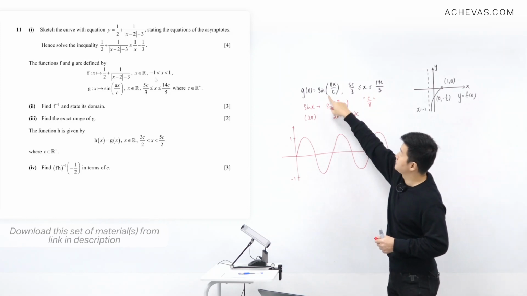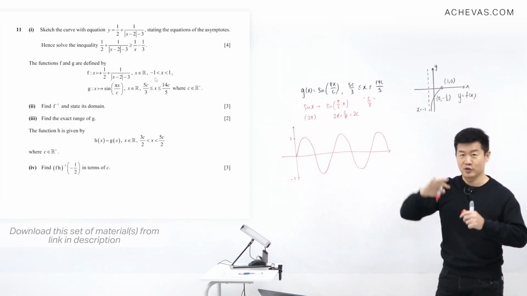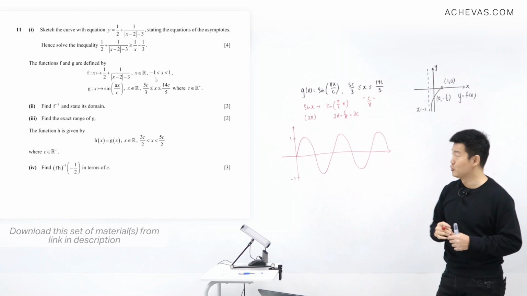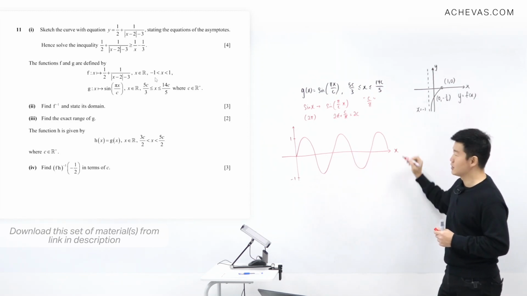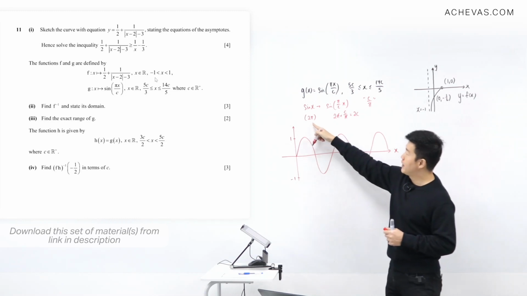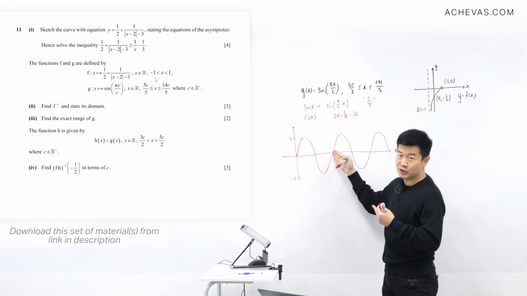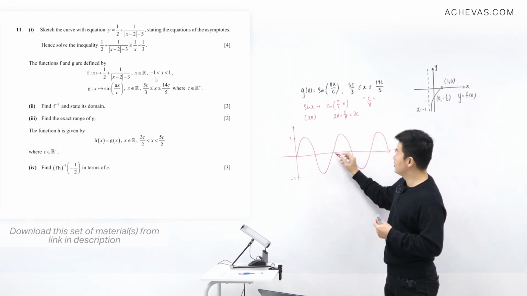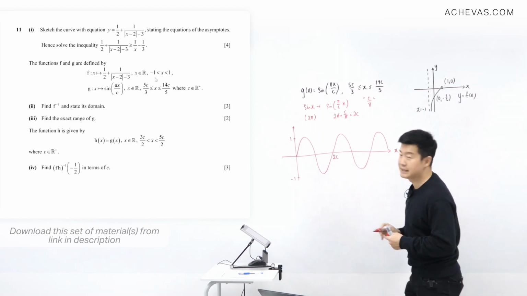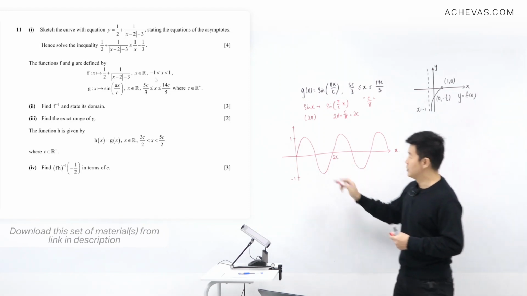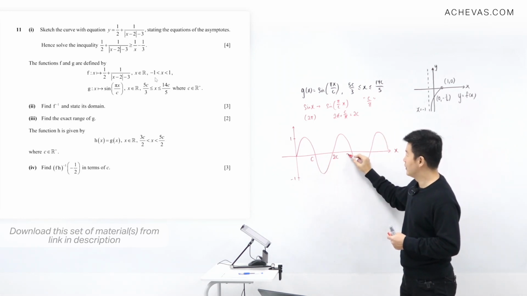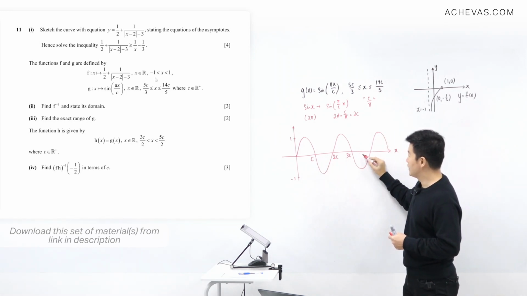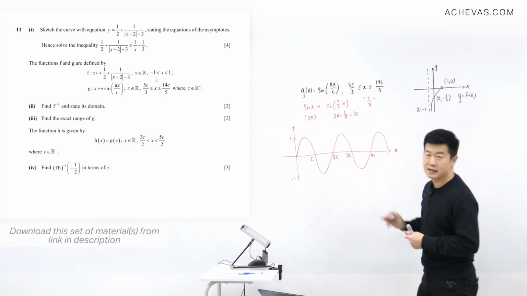This doesn't change. The amplitude is still 1, so the maximum and minimum are still plus or minus 1. What is going to change is everything on the x-axis. The original 2 pi, one full period, is going to be changed to 2c, which means that here is going to be c. So here is going to be 3c, and here is going to be 4c.